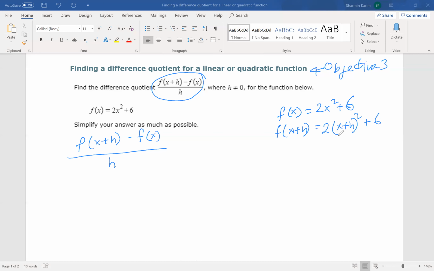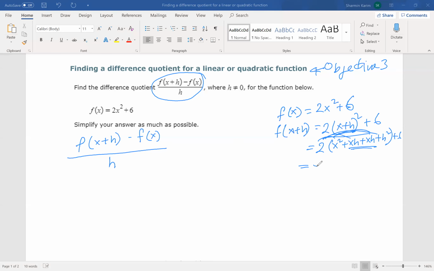Now if I FOIL this, x plus h times x plus h, I get x squared plus xh plus xh plus h squared, plus 6. Then, let's add the like terms first.